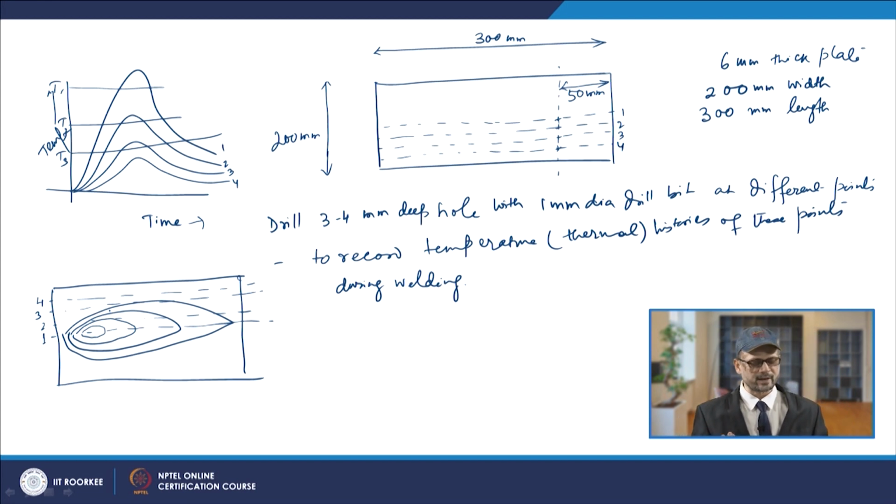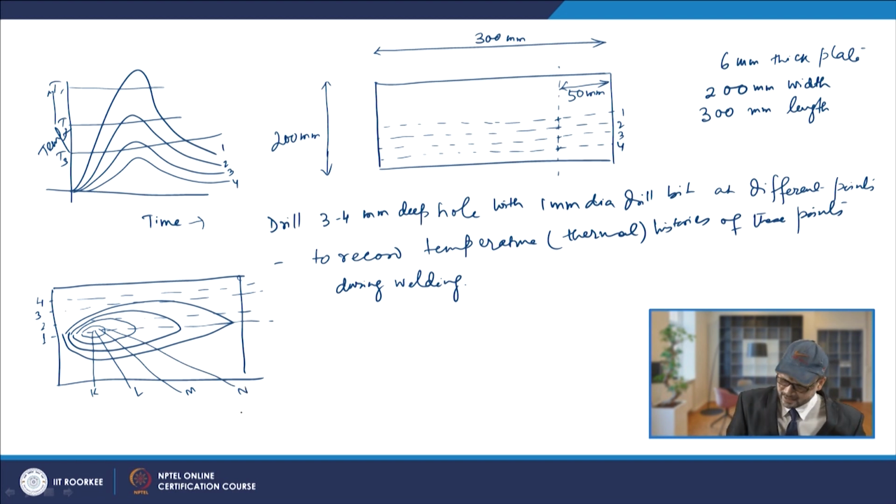Now, you can determine the cooling rate in different directions, like maybe if this is the direction for K, and then you have L, then M and N. Based on the cooling rate you can further predict.